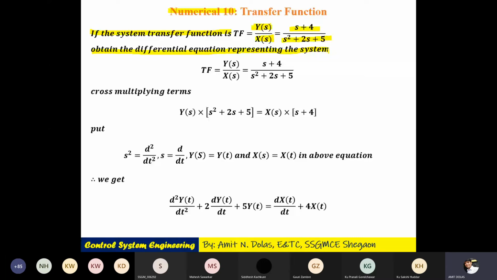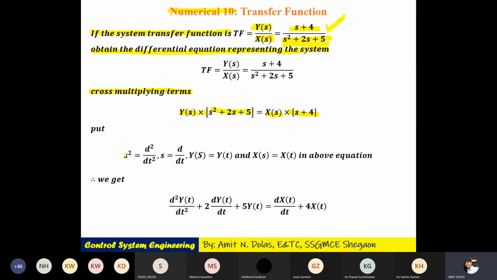To do the reverse process, we'll cross multiply the terms. That is, Y of s will be multiplied by the complete denominator, s square plus 2s plus 5, equal to X of s, the input, multiplied by the numerator, s plus 4.